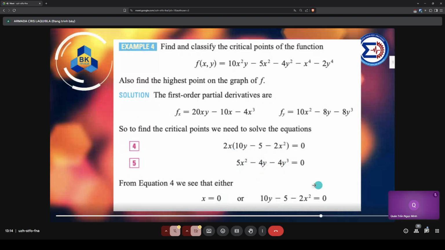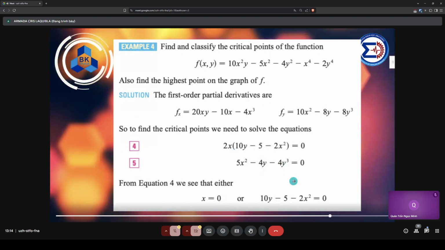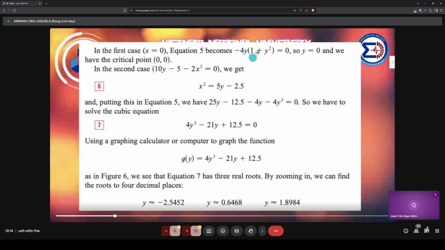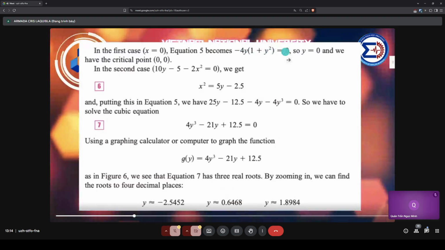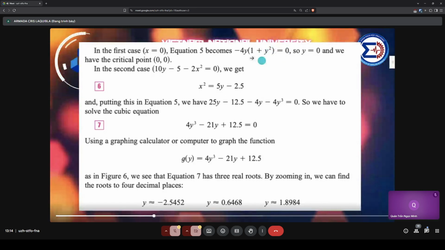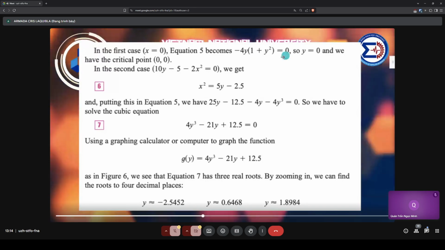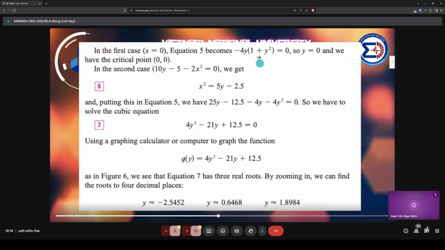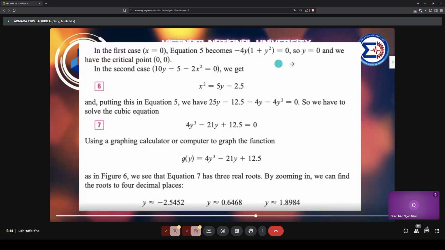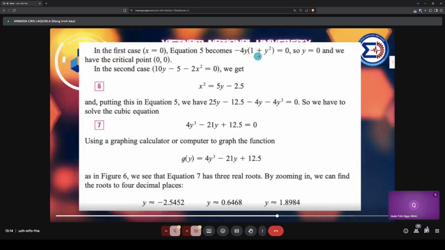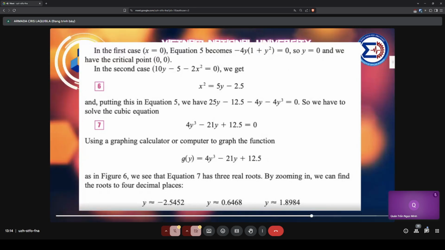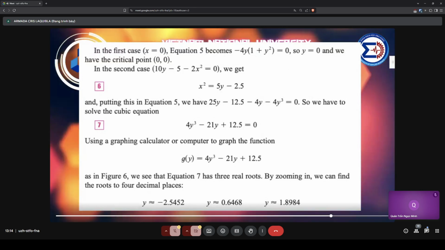And then what will happen there is factor out that one. Negative 4y times (1 plus y squared) is equal to 0. Now, class, negative 4y here, you equate that to 0. And then 1 plus y squared, equate that to 0. Now, if you have there 1 plus y squared equal to 0, transfer 1 to the other side, it becomes negative 1.